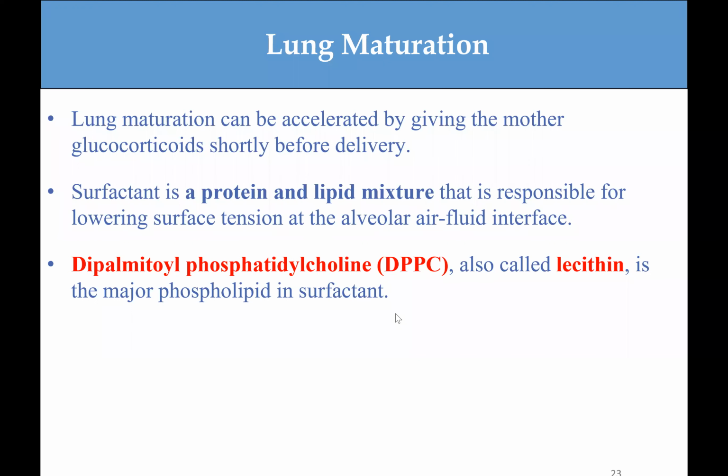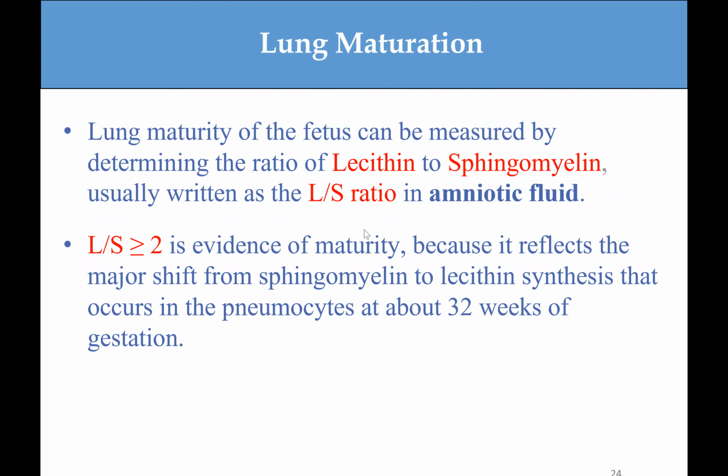So the surfactant we have is called dipalmitoyl phosphatidylcholine, also known as lecithin, and this is something we mentioned before. And the way to judge lung maturity is to measure the ratio of lecithin to sphingomyelin in the amniotic fluid. And if the ratio is more than 2, that says that the fetus has enough lung maturity.